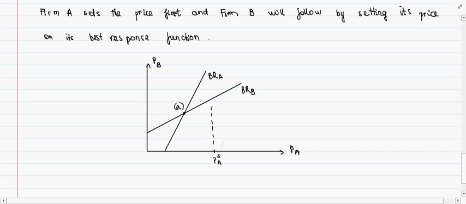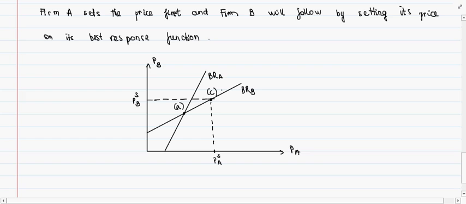So I'm going to go up to the best response function for firm B, and therefore firm B is going to set the price on this best response function. This is going to be the price set by firm B in the Stackelberg. So this is going to be our Stackelberg equilibrium, and this is the equilibrium in part C.